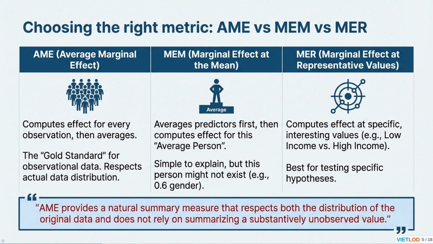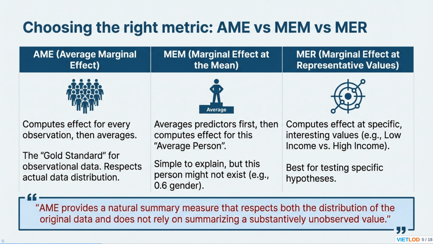In contrast, the marginal effect at the mean, MEM, first averages all predictor variables to create a hypothetical average person, then calculates the effect only for this person. While simple, this average person may not truly exist in your dataset. Lastly, the marginal effect at representative values, MER, is ideal for testing specific hypotheses.